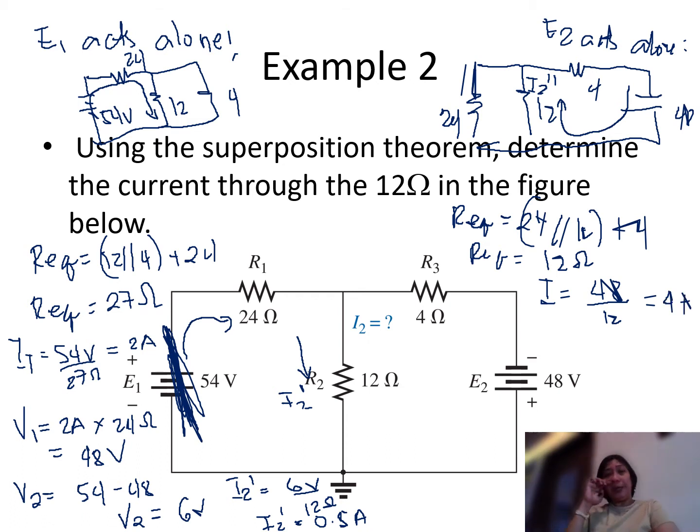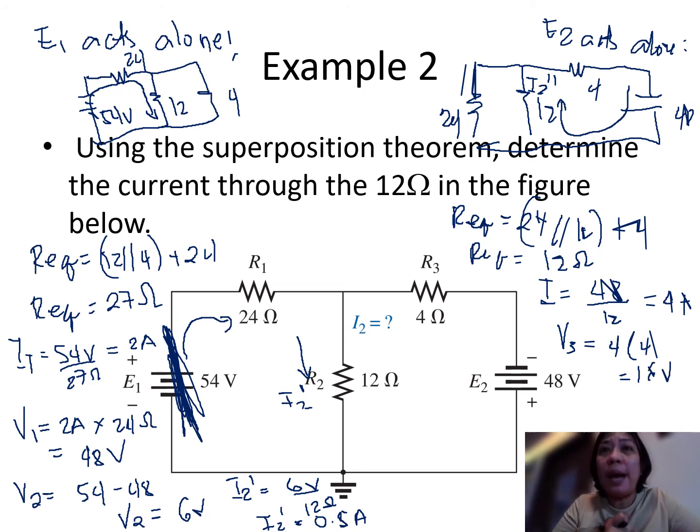That is the current that will flow across the 4 ohm resistor. What is the voltage across the 4 ohm resistor? Let us call that V3. The voltage V3 is 4 times 4, which is 16 volts.